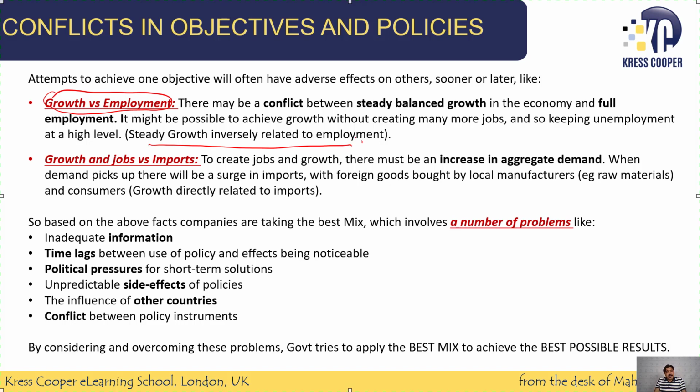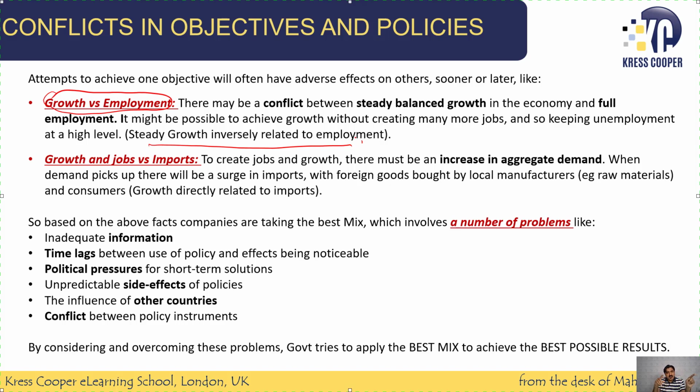At the same time, growth and jobs versus imports. Now, on the other hand, if the government has adopted an aggressive strategy, thinking to go for growth, a lot of jobs will be there. When growth will be there, demand will be there, production will be there. At the same time, might be our imports will go up.